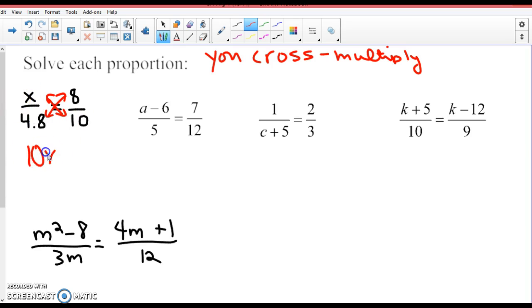It's 10x equals 4.8 times 8, which is 38.4. So I've cross multiplied. Now, how do I solve that one-step equation? I divide both sides by 10. So x is 3.84.